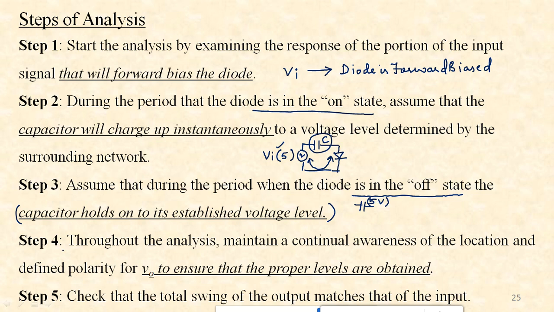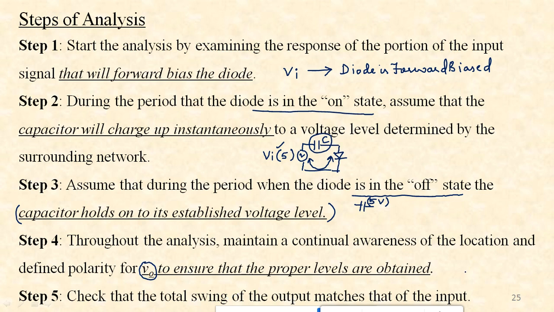Fine. Then step 4, throughout the analysis maintain a continual awareness of the location and the defined polarity of V0 to ensure that proper levels are obtained. Then finally step 5, check the total swing of the output whether it matches with that of the input signal.